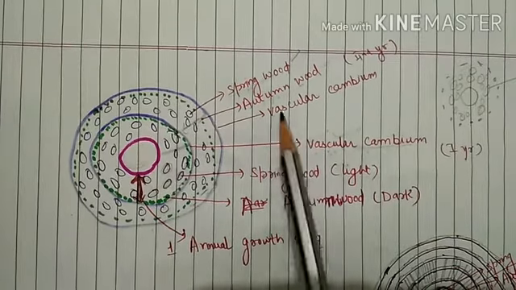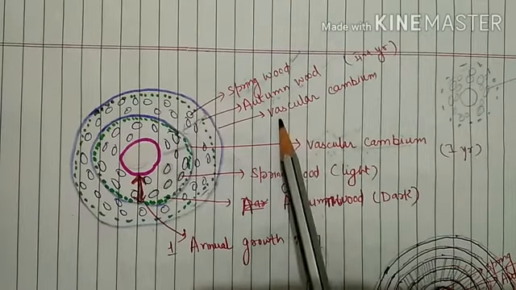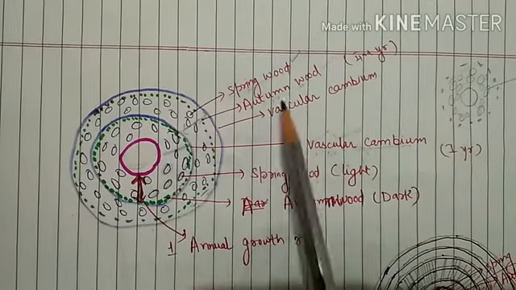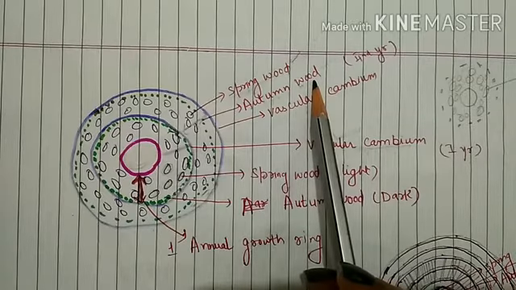Whereas when the activity of the vascular cambium is less during the unfavorable period of growth of the plant, then autumn wood, which is also known as late wood, will be formed.